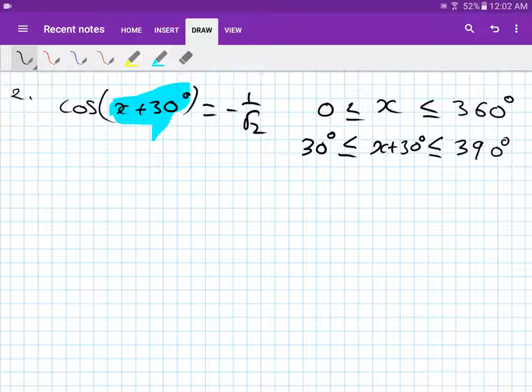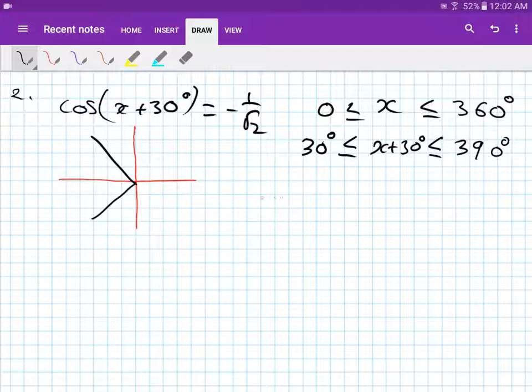Then, remember, we draw a diagram. Let me just clear this first. Because it's negative, cos of x plus 30 degrees equals negative 1 over root 2. We have to work out the quadrant. Because cos is negative, it must be in this quadrant and in this quadrant. Then you look for the reference angle, just cos inverse.